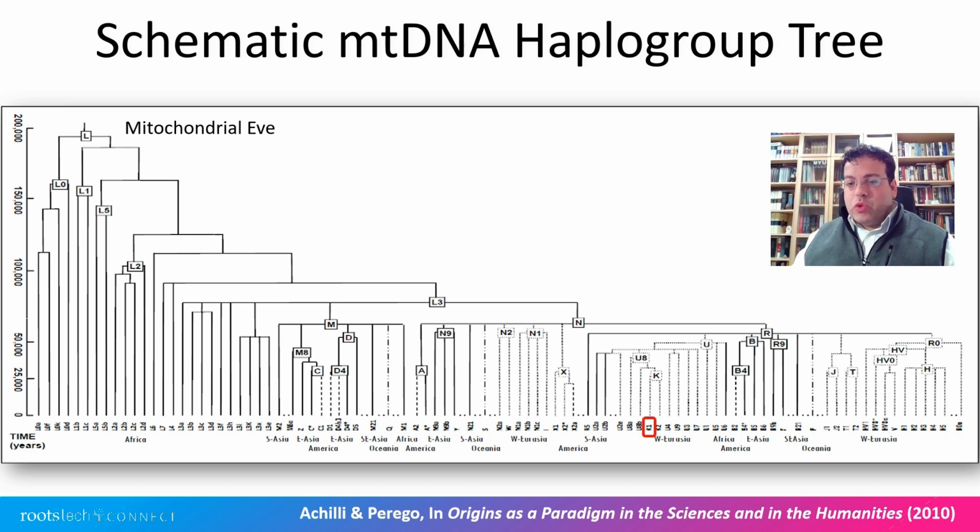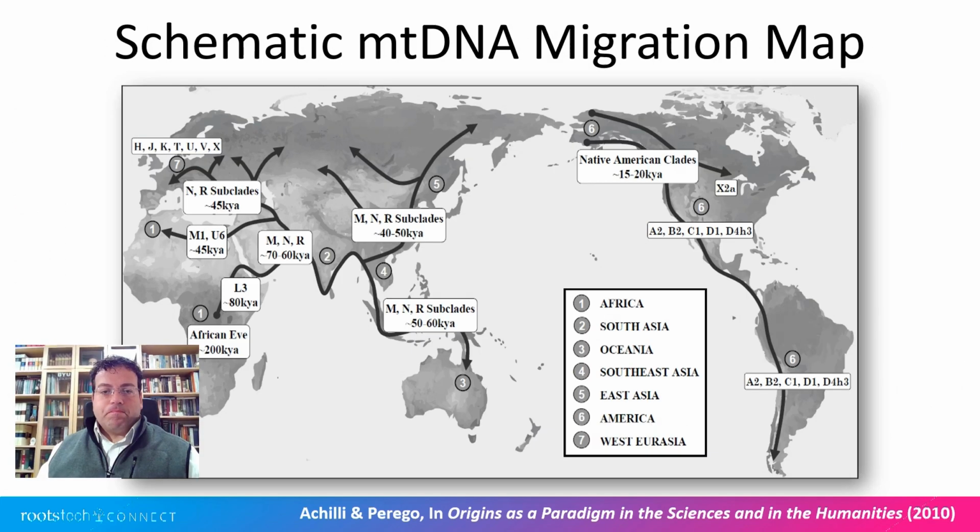In this little tiny square, and I know you can't see great details right now, it's very small, but we're going to see this later at a better resolution. That is my line, it's called K1, so I belong to this particular branch, and these are all my distant relatives separated from me by thousands of years.